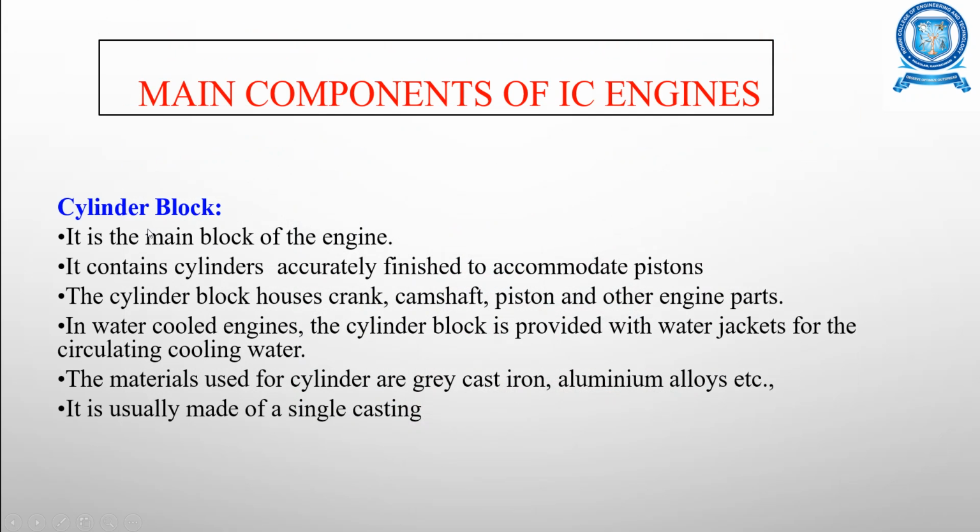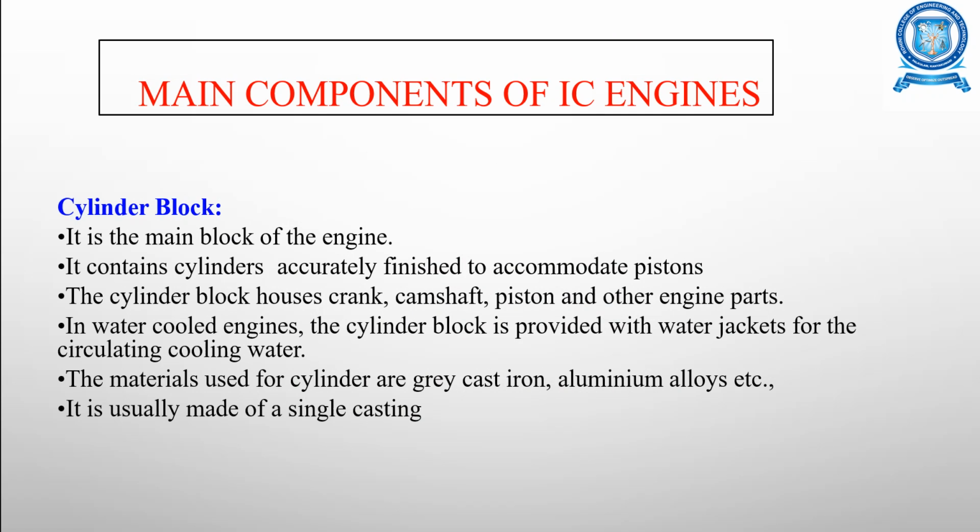So cylinder block. The cylinder block is the main block of the engine. It contains the cylinder, which is accurately finished to accommodate the piston. This cylinder block houses the crank, crankshaft, piston, and other engine parts.